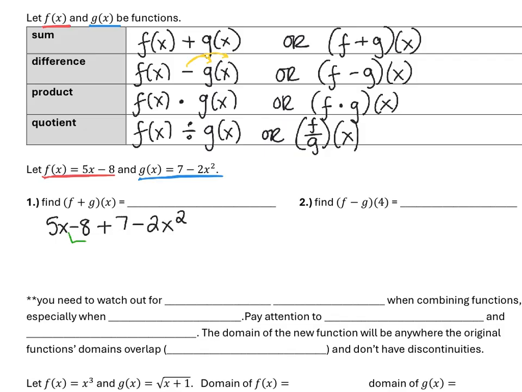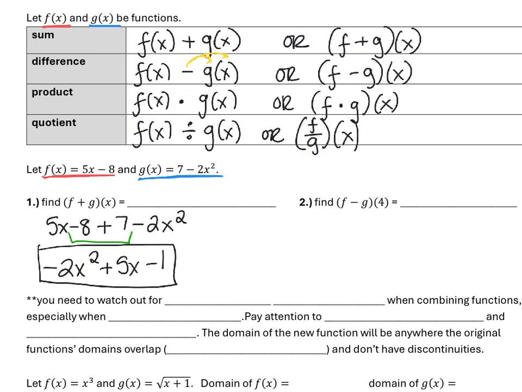And then we just combine like terms. The only like terms we have are the constants in here. And then put it into standard form for your final answer. So largest exponential term comes first, 2x squared plus 5x minus 1. And that is f plus g of x when we add them.